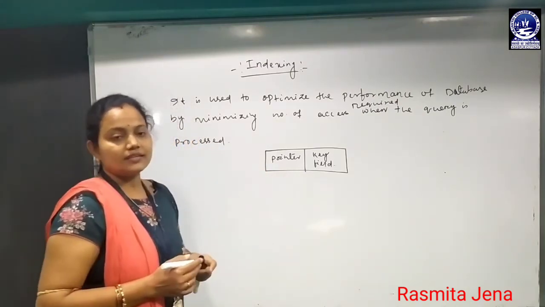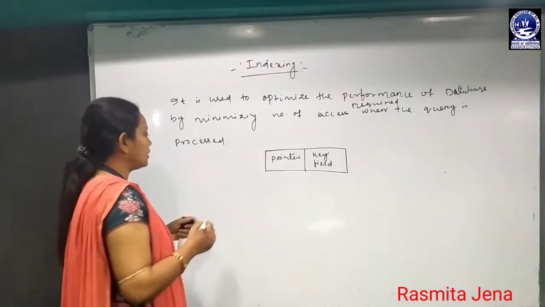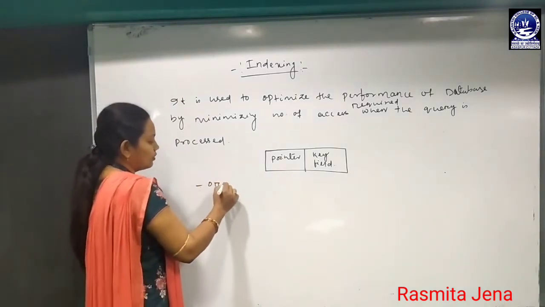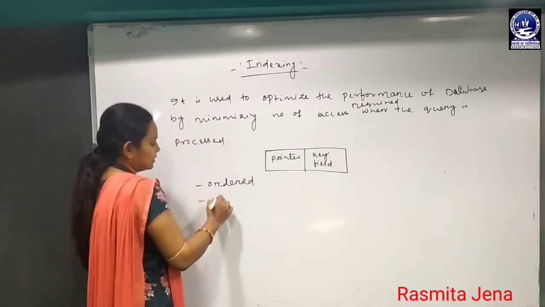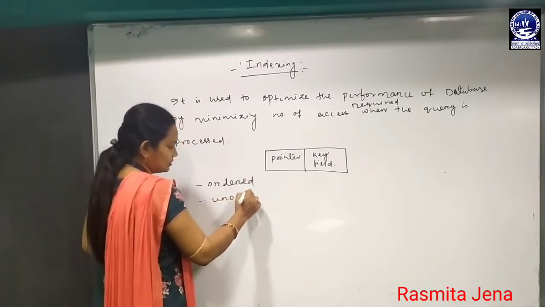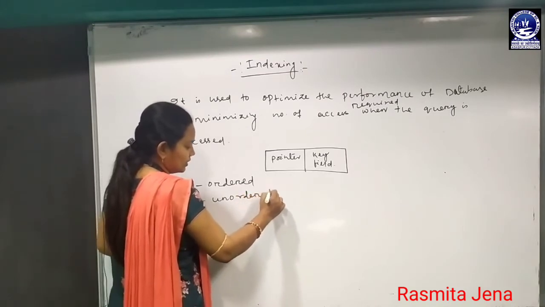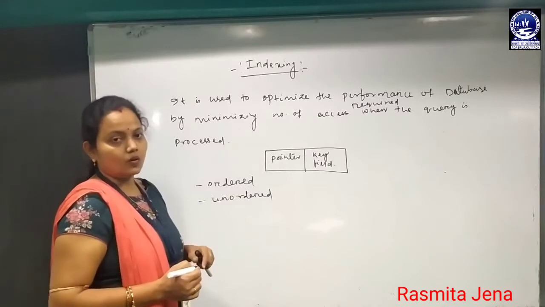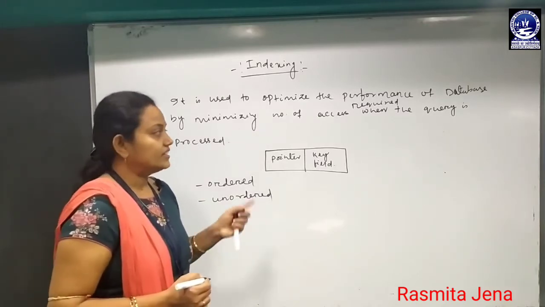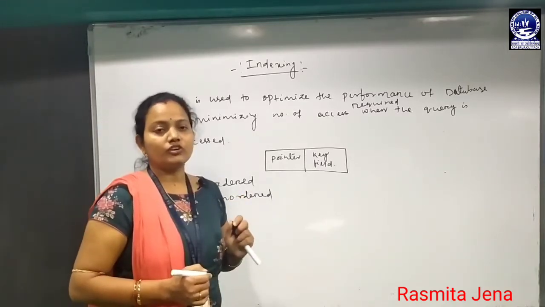And this indexing is of different orders. When you are using indexing, the data records may be stored in order in the hard disk, or they may be stored in non-order format, and it is basically divided into three categories.